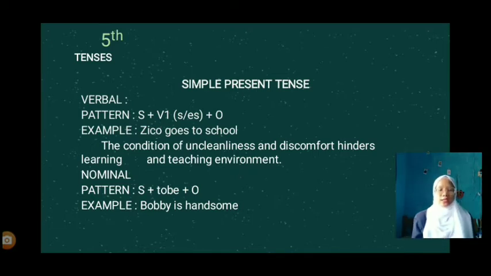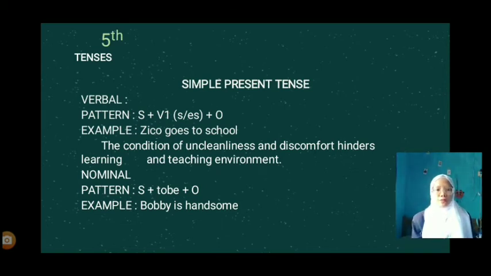So there are two kinds. First is verbal and nominal. You can see the pattern in the PowerPoint. If it is the verbal, the pattern is subject plus verb 1, usually adding s or es, plus object. O is object. For example, like Zico goes to school.